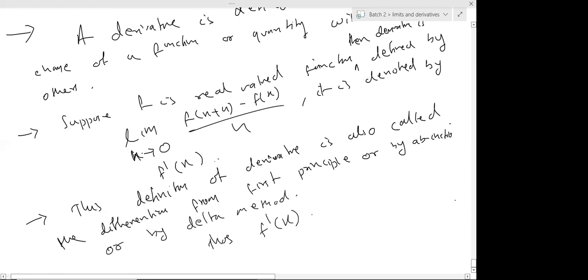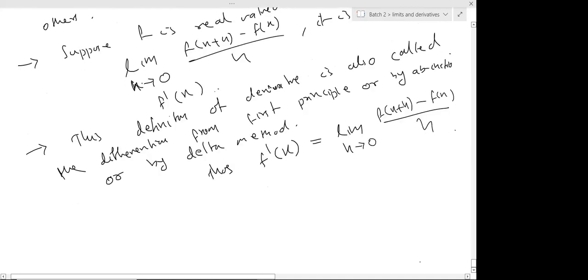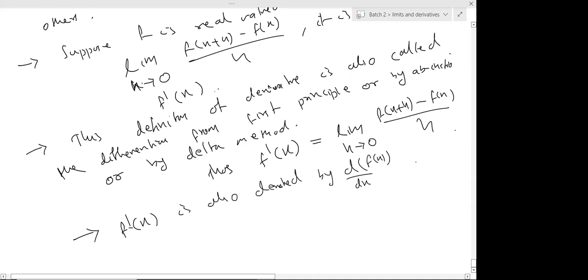Thus, f dash x is limit h tending to 0 f of x plus h minus f of x upon h. f dash x is also denoted by d by dx of f of x, or if y equals to f of x, then dy by dx.